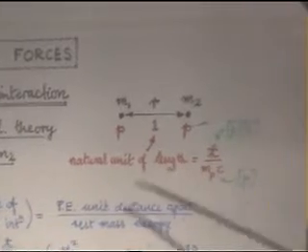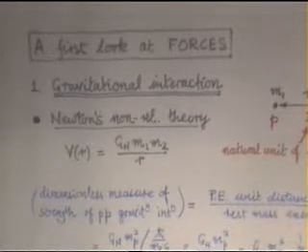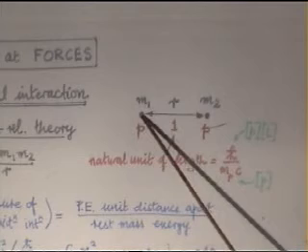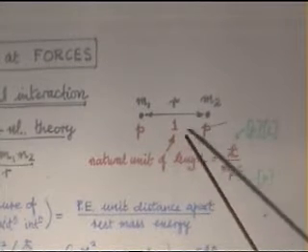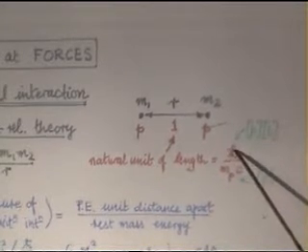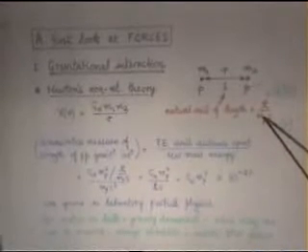Now, how strong is this force? How do we work out how strong it is? Well, in our units, let's say these two masses are 1 natural unit of length apart. So what's a natural unit of length? Well, from our quantities that we've got, h bar c and something like the mass of the proton, we can construct something with the dimensions of length.